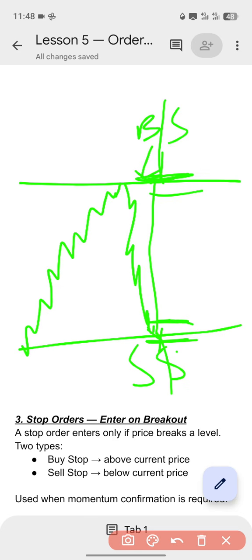This is what the buy stop and the sell stop mean. With the buy stop, you are saying that if the price breaks upward, it will continue going up. And with the sell stop, you are saying that if the price breaks low, it is going to continue dropping lower. That is all for the buy stop and the sell stop.